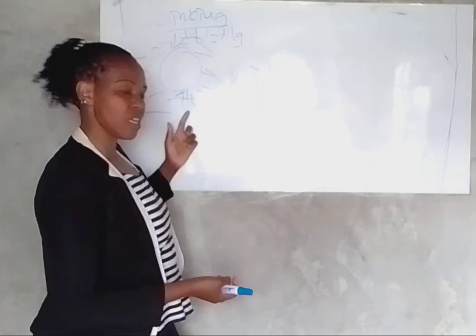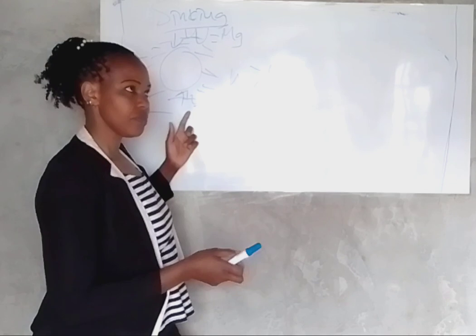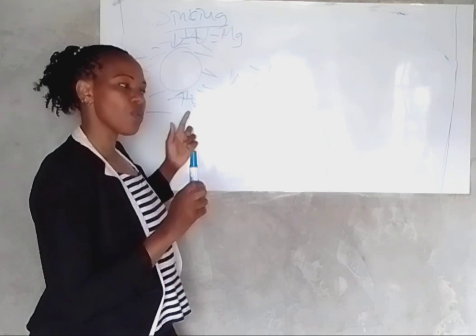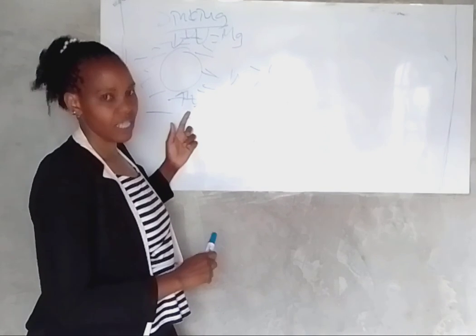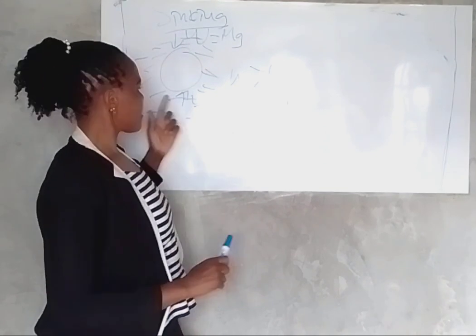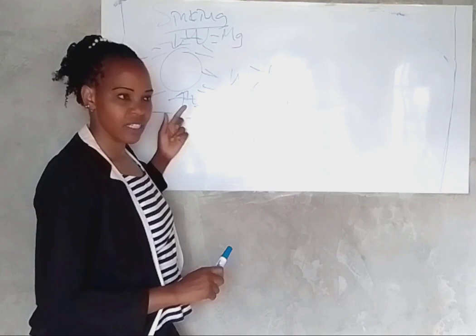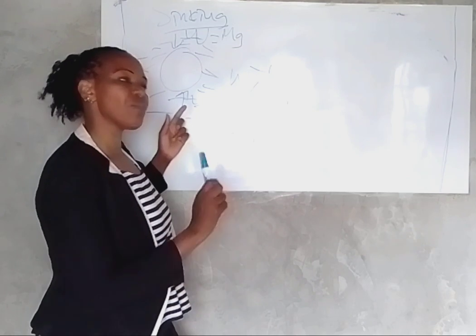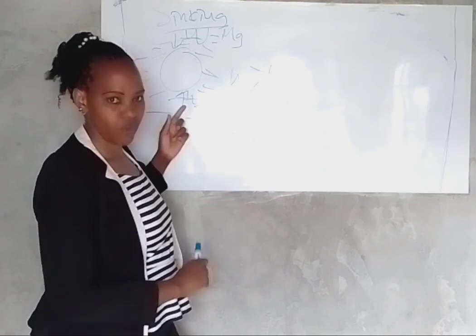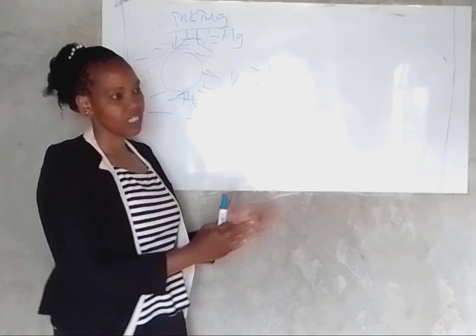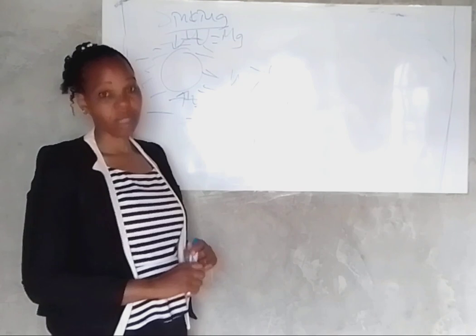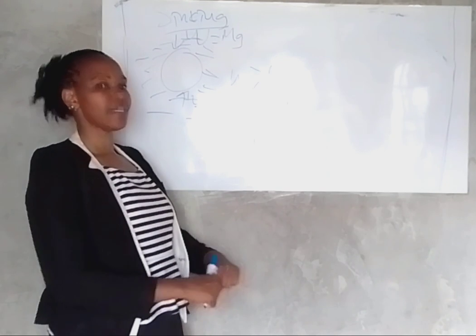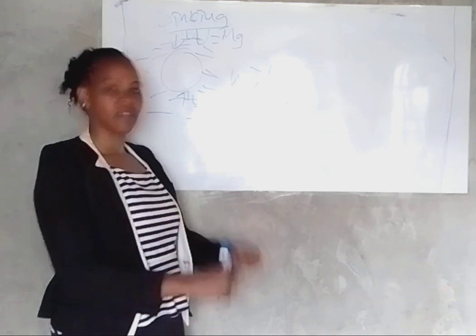In the last lesson we said that upthrust is equal to the weight of the fluid that is displaced. But we also said that this weight of the fluid displaced is dependent on the volume of the object inside the fluid, because the volume of the object and the volume of the fluid displaced, the two are equal, especially if the object has sunk, meaning it is inside the fluid.